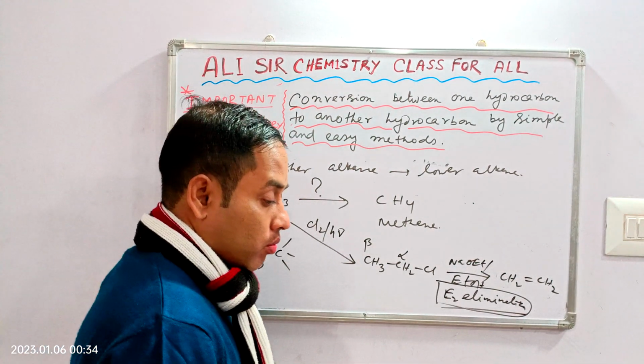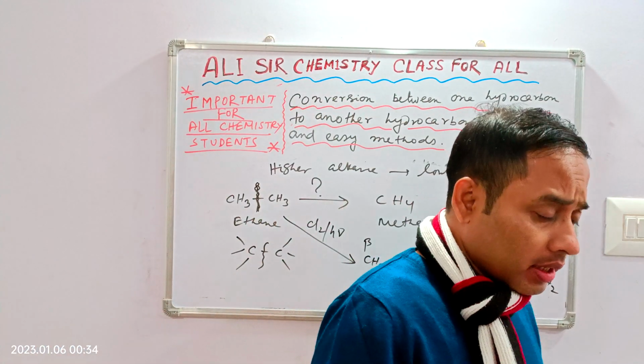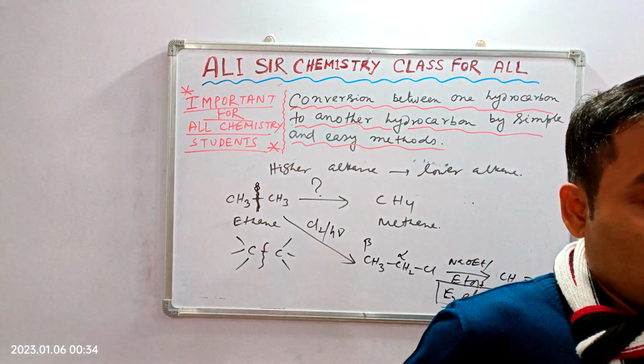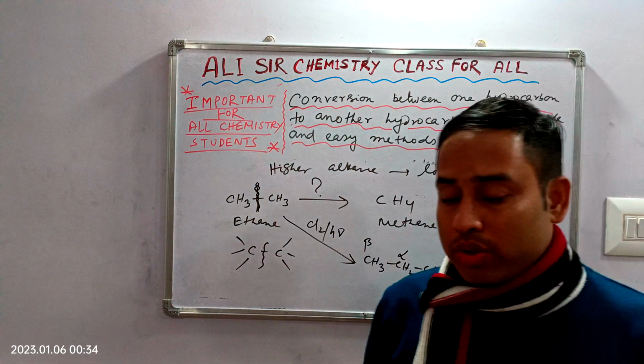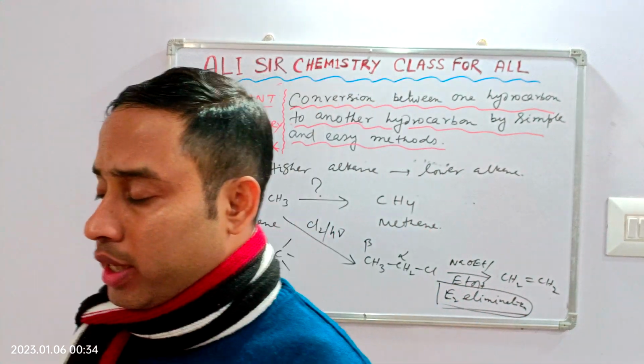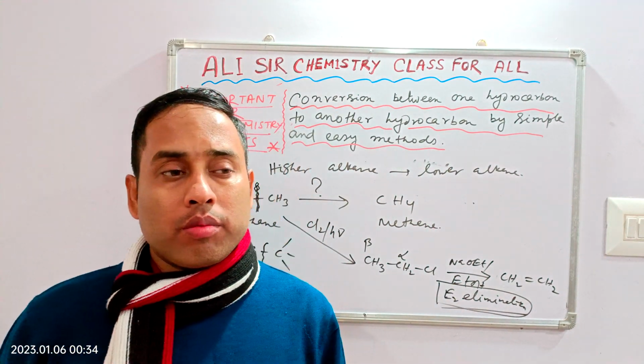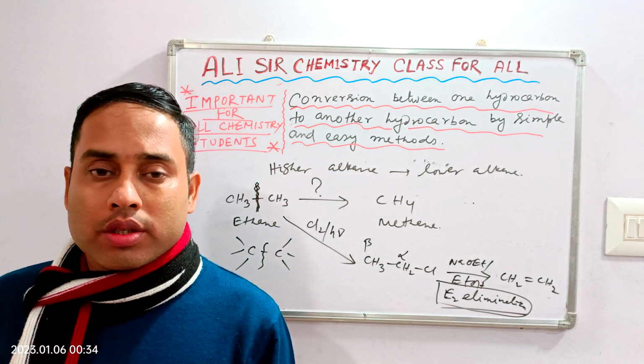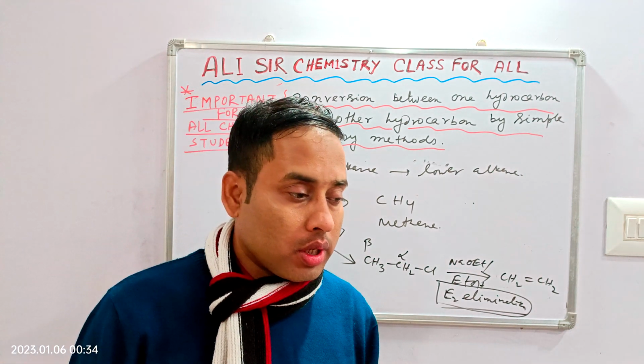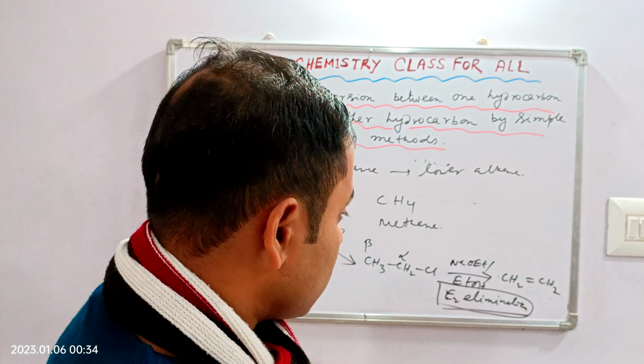What is E2 elimination? When an alkyl halide which contains at least one beta hydrogen is treated with sodium ethoxide, ethanol or a base, we get an alkene.